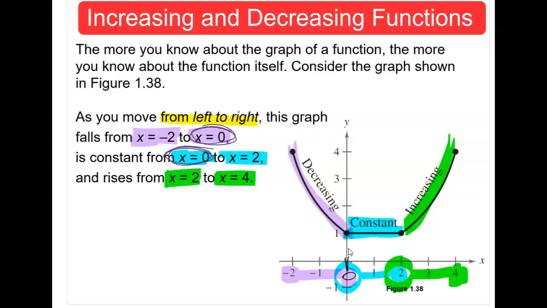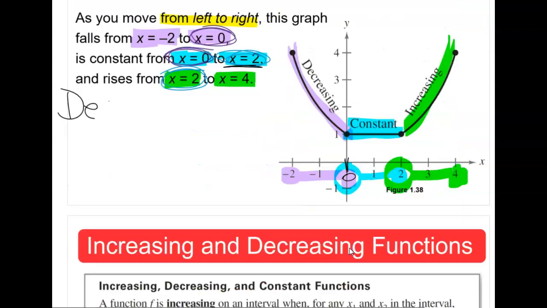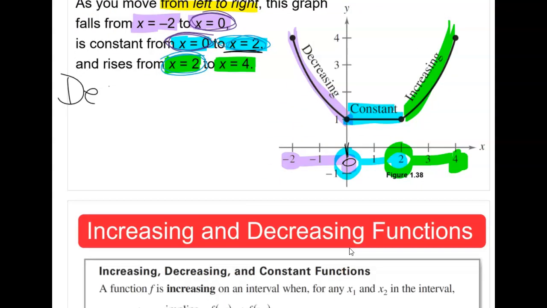And then we also have x equals 2 here, but we also have it here. So when we write down our three intervals, we will use parentheses, because at that particular x value, the one that repeats, is not increasing nor decreasing. It's just where it changes.